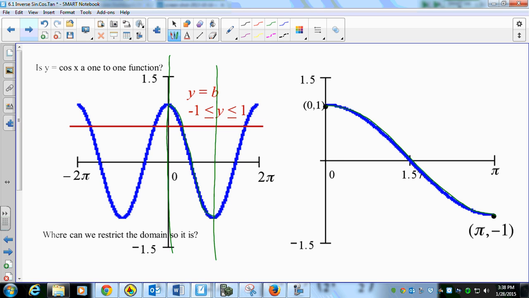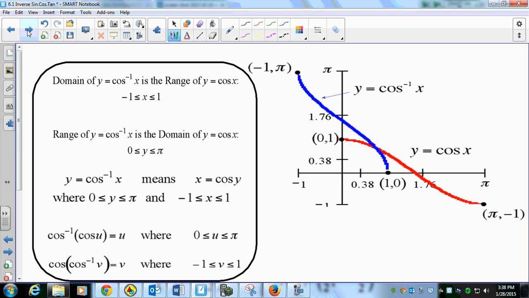Take that function of cosine of x and we're going to flip it. So here in red, we can see that this is our cosine of x. We went from 0 to pi. That is our interval.